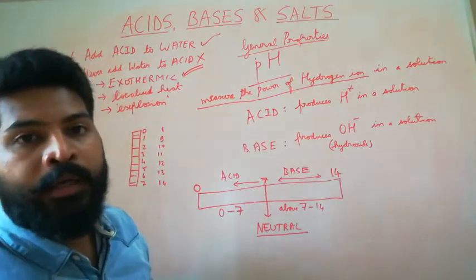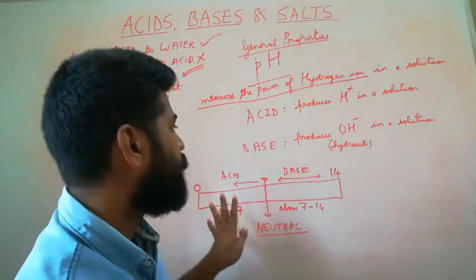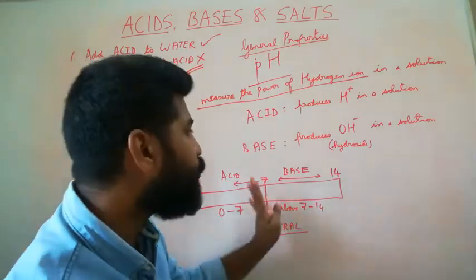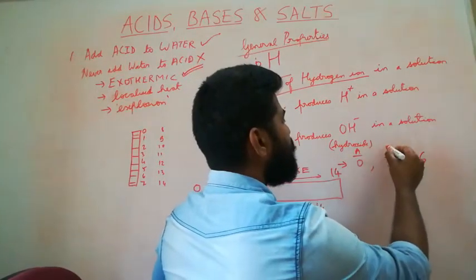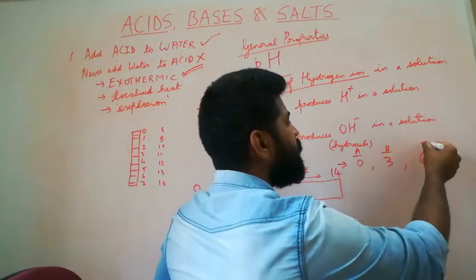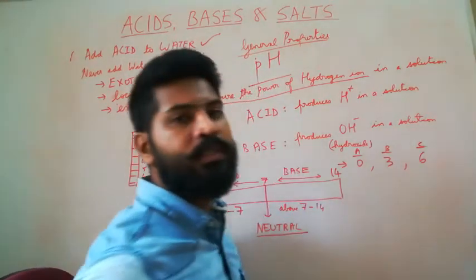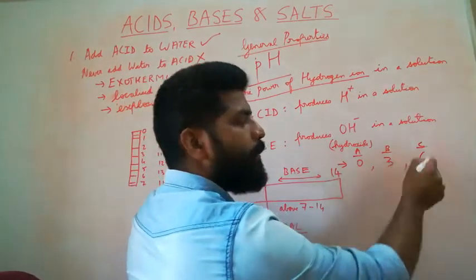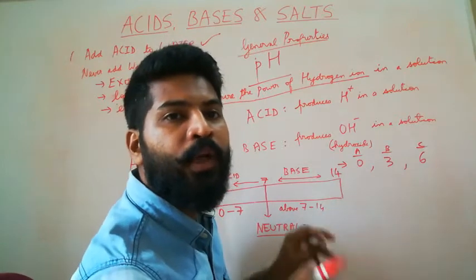A couple of important points to know about this concept of pH. Anything less than 7 is acid, anything more than 7 is a base. Solution A has a pH of 0, solution B has pH 3 on the pH paper, and solution C shows pH 6. Which among them is a strong acid and which one is a weak acid?